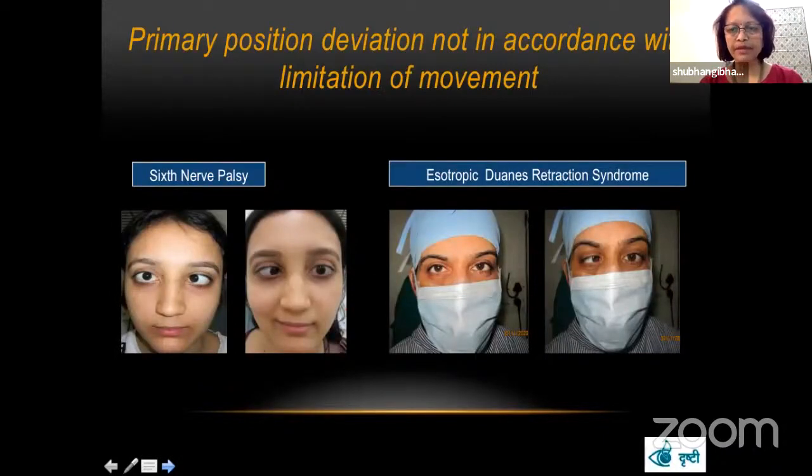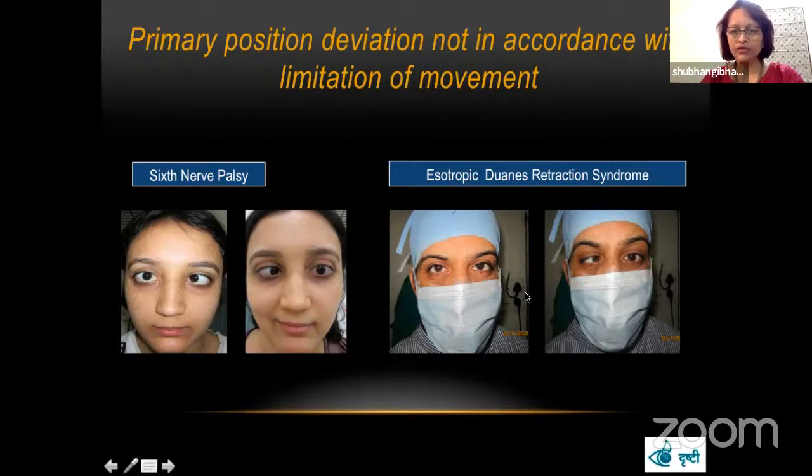Basically, we need to differentiate Duane's retraction syndrome most commonly from sixth nerve palsy, and the primary position deviation is, as you can see in the picture on the left, in accordance with the limitation of movement. So in sixth nerve palsy, the girl has a grade 4 abduction limitation, and she has a similar amount of ESO deviation in the primary position.